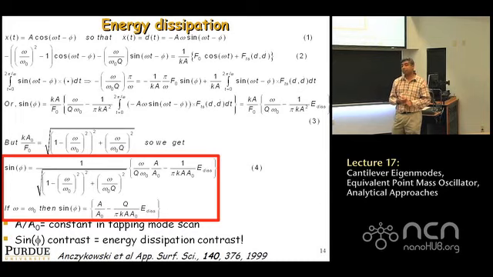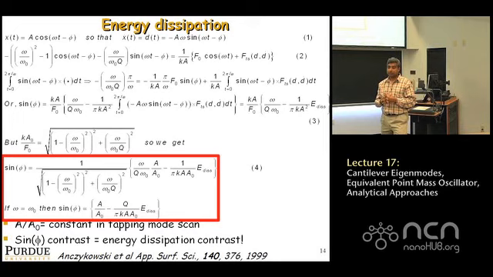Everyone with me? So the integral contains the tip-sample interaction force F_TS multiplied by A omega times sine(omega t minus phi). A omega times sine(omega t minus phi) is the tip velocity. Okay? You see that on the very top? x dot, tip velocity. That's what it is. Right? So what is force times velocity?